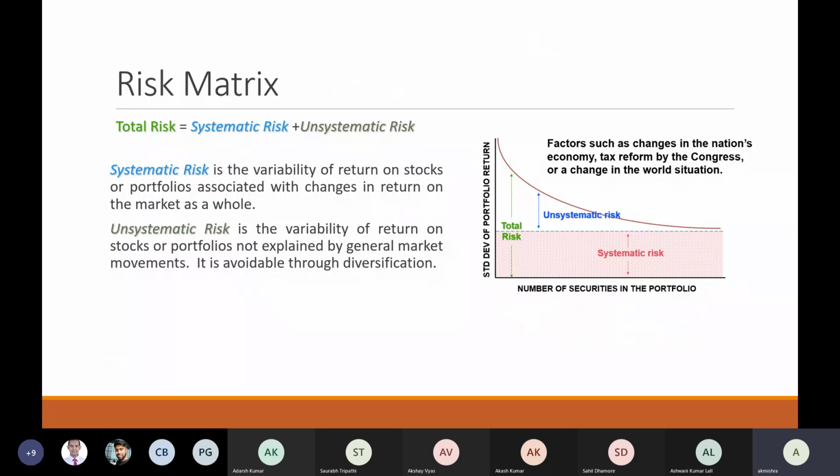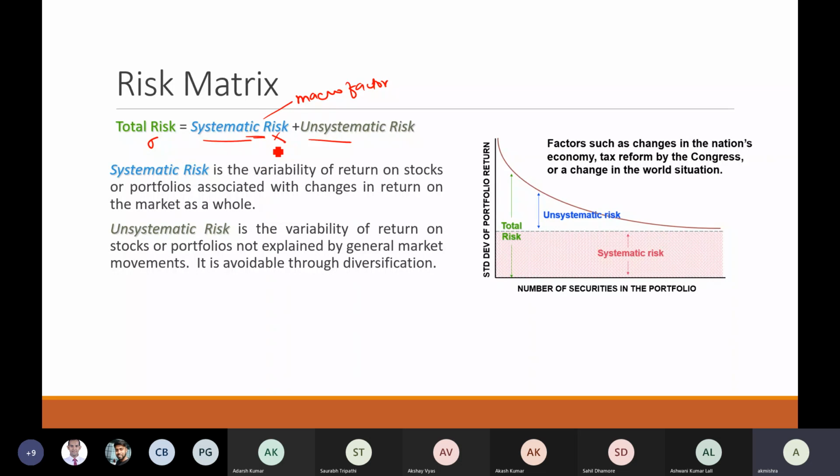Now whenever we talk about risk that we measure in terms of standard deviation, it will have 2 components, systematic and unsystematic. As you know, systematic, when we talk about a factor that is causing risk, is a macro factor, means across industry or across asset class you will have this risk.